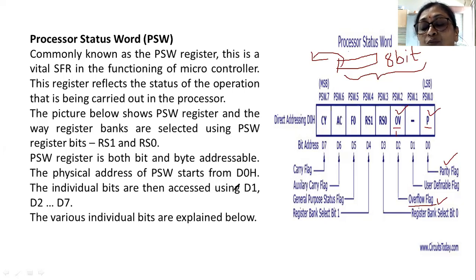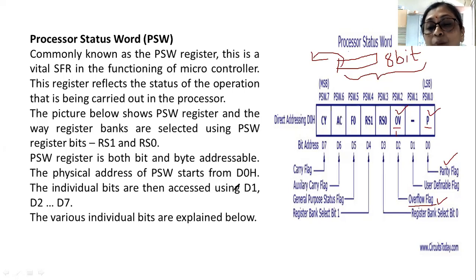If the number of ones in a data bit stream is even, it is called even parity. If the number of ones in a data bit stream is odd, it is called odd parity. So this parity bit P indicates whether the parity is odd or even.